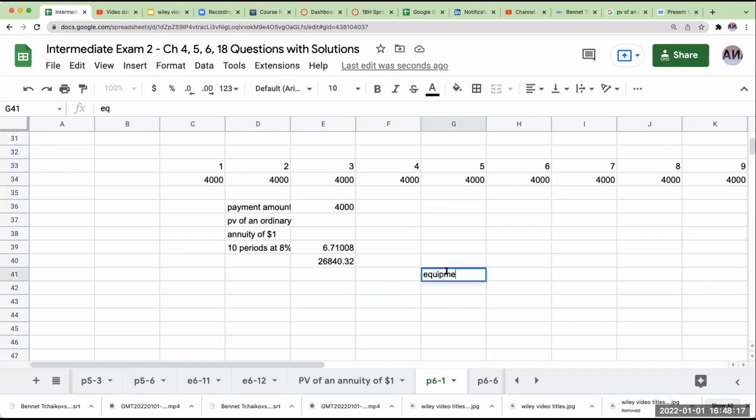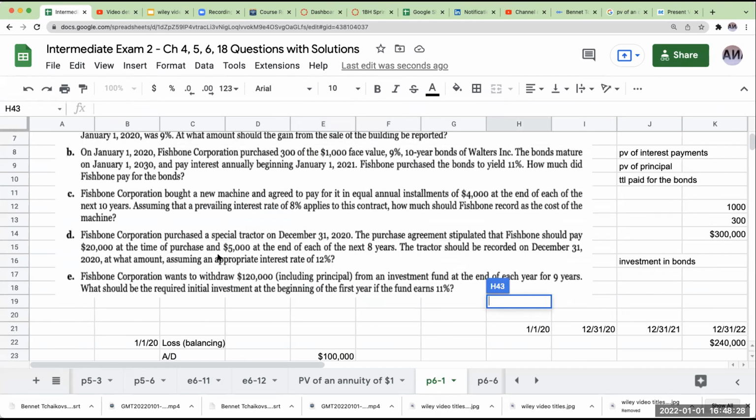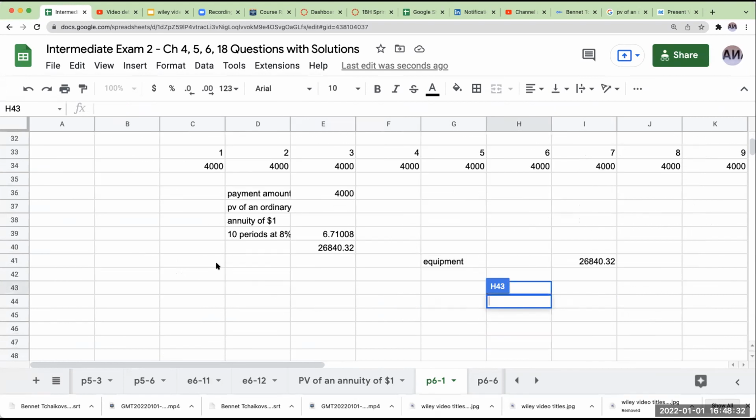So I'm going to have equipment of 26,840.32. I'm going to have a note, or what do I call this one? Call it a note payable. Sounds good. My note payable amount is going to be for 4,000 times 10, or the total amount that I owe. That's what I need to show on my financial statements.